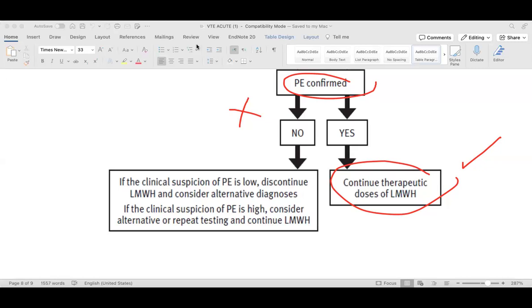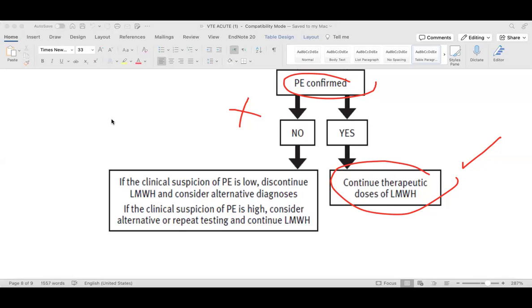Pulmonary embolism is a life-threatening condition, and since it's life-threatening, it will be different from the DVT. For the DVT, we choose to stop the treatment and repeat the scan if there is high clinical suspicion.